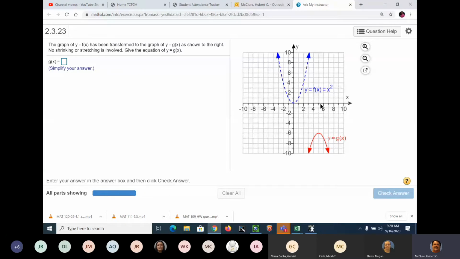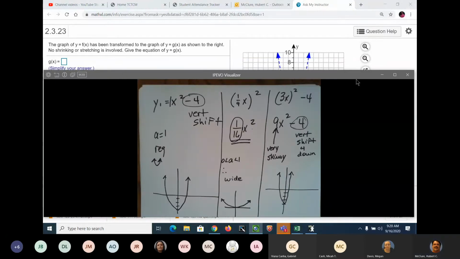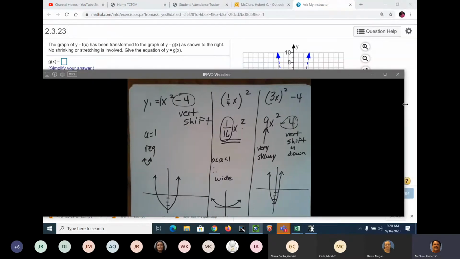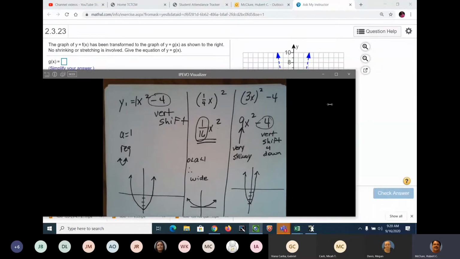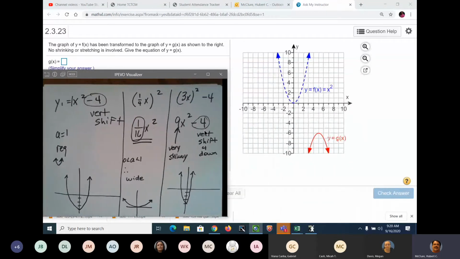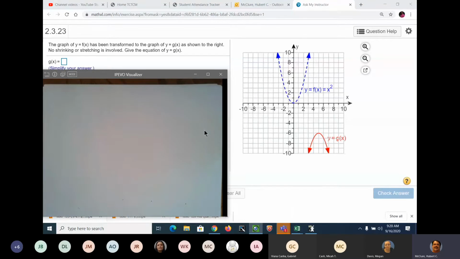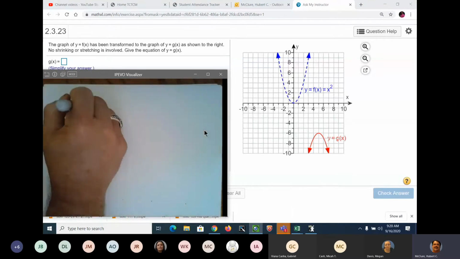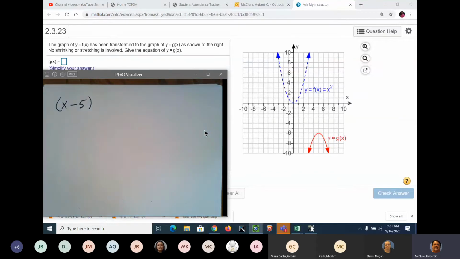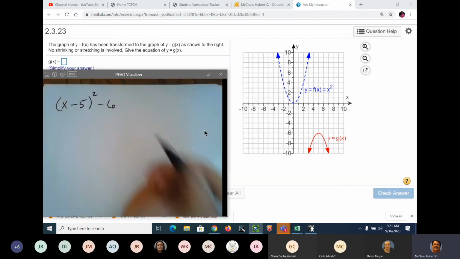So I'm going to take my handy dandy document cam and move it over. Give me a second. We've got a horizontal shift of 5 to the right. So that's going to be a -5. And remember, the horizontal shift has got to be connected to the x. We know it's a parabola, so it's a square, and then a vertical shift of 6 down.